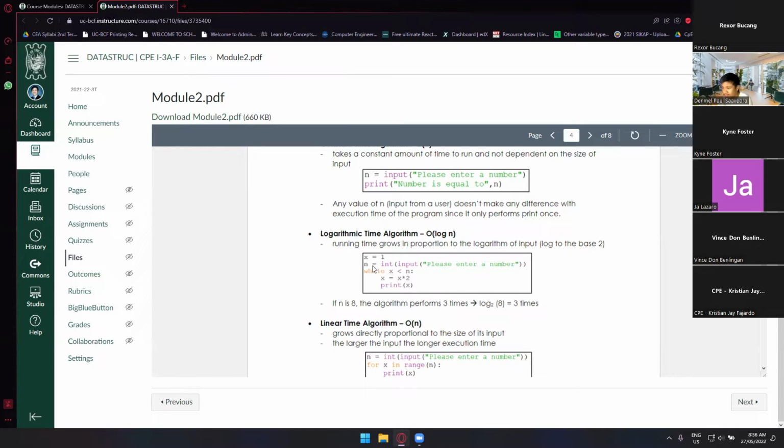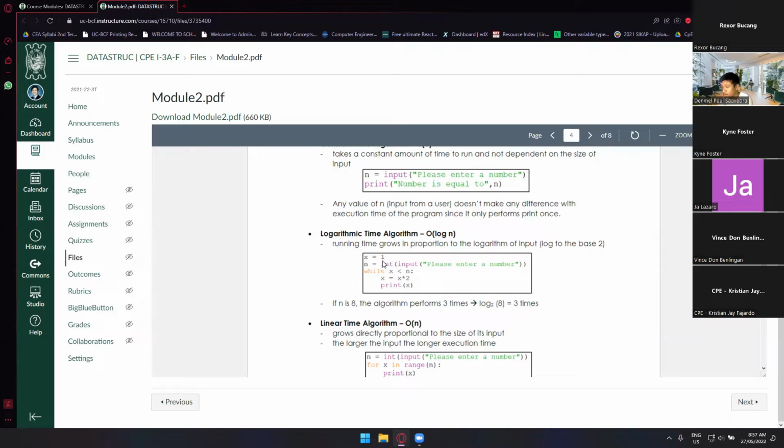code right here. x is equal to 1 and then n is equal to, again, an input, but strictly an integer. Then while x is less than n, x is multiplied by 2, depending on the last number.